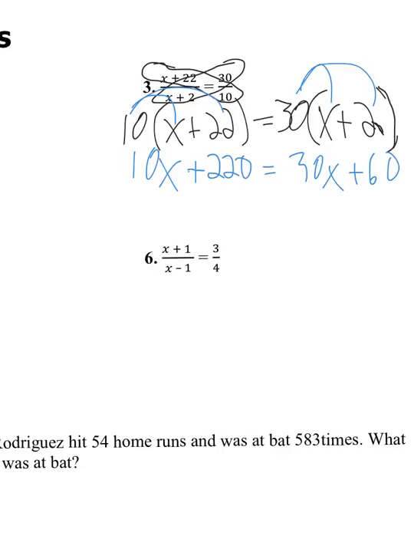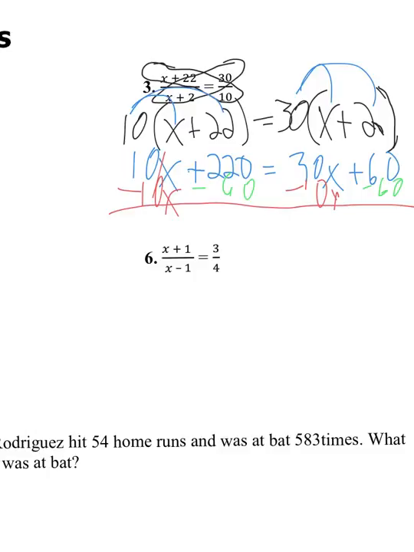So let's balance this out. 10x is smaller than 30x, so I'm going to minus that over. And 60 is smaller than 220, so it makes more sense to put that over there.